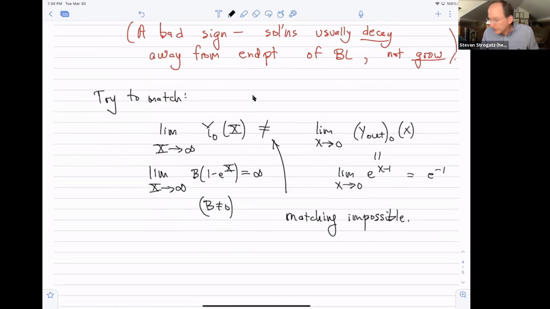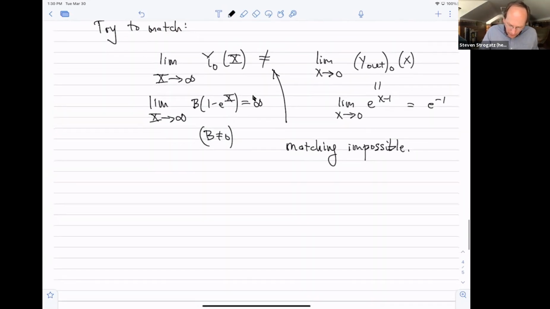So that's a sign that we had the boundary layer at the wrong place. We guessed the location of the boundary layer incorrectly.